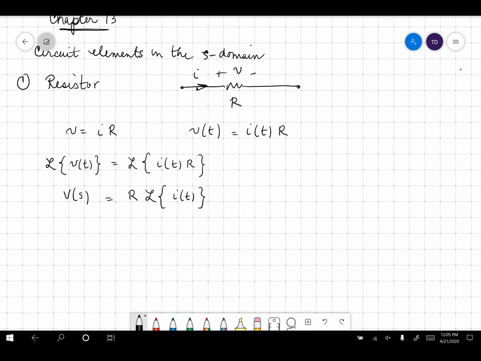And we're left with the Laplace transform of I of T, but that's nothing more than I of S. So we have this relationship, V of S equals R times I of S, or capital V equals R times capital I. Notice I don't have a bar over the top of them this time, so no bar here, no bar here.